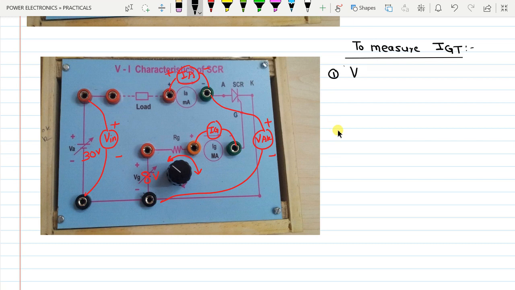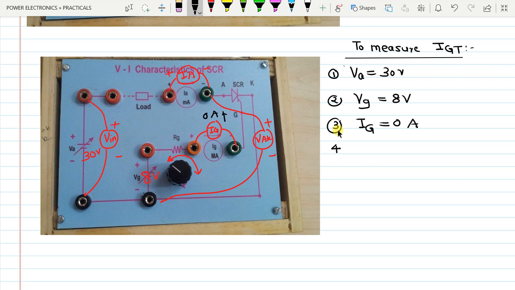So to measure IGT, first, Vin is kept equal to 30 volts. Second, the gate side voltage is kept at 8 volts. Third, RG should be set such that the gate current IG is equal to 0 amperes. So this should be 0 initially, and then it has to be increased.